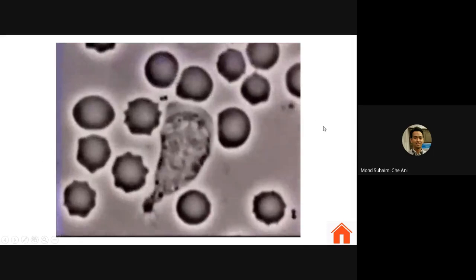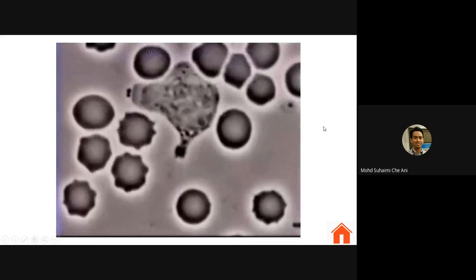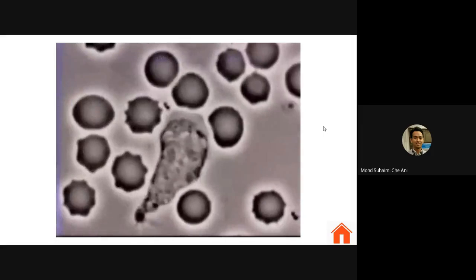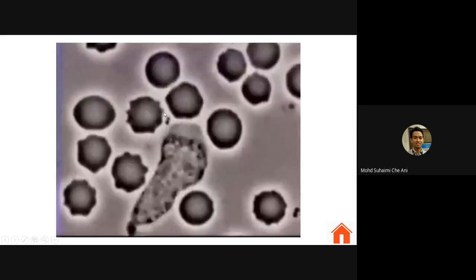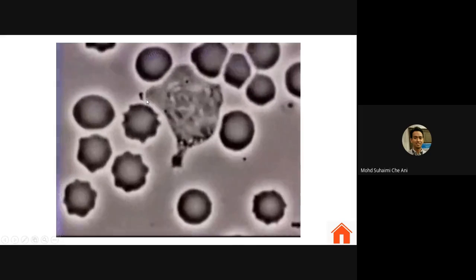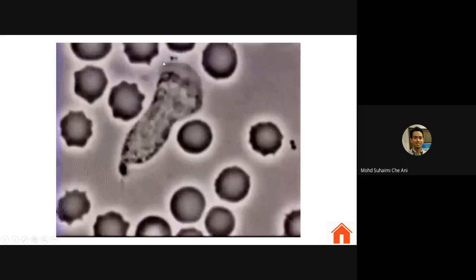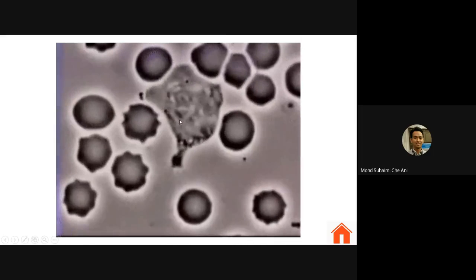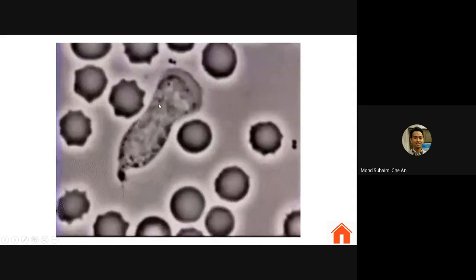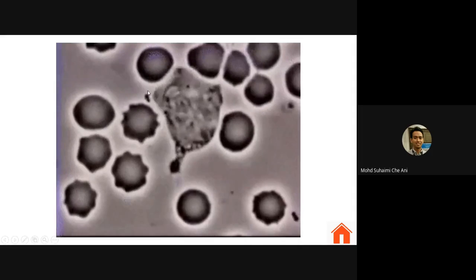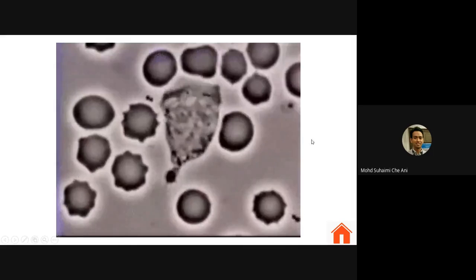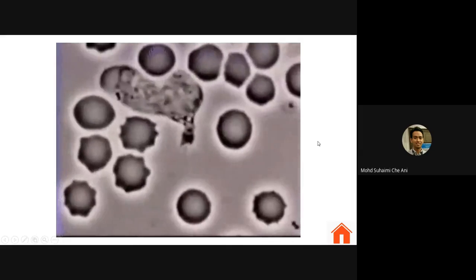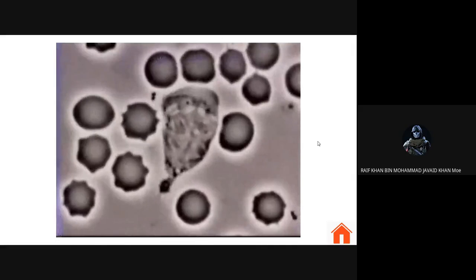Okay, this one, I have one video about the white blood cells chasing the bacteria. You can see here, the big one that is moving is the white blood cell. And the small dots over there, the black dots, are the bacteria. The white blood cell will chase, eat and digest the bacteria by a process known as, who remembers, we learned in Form 2, what is the name of this process? Phagocytosis.